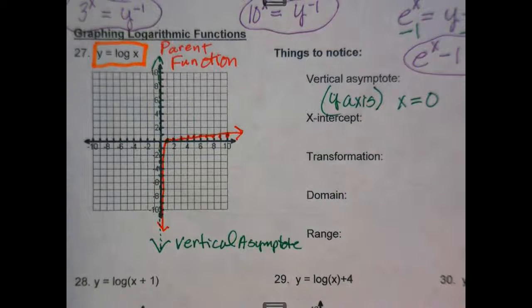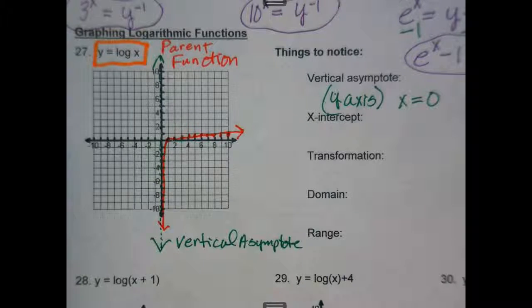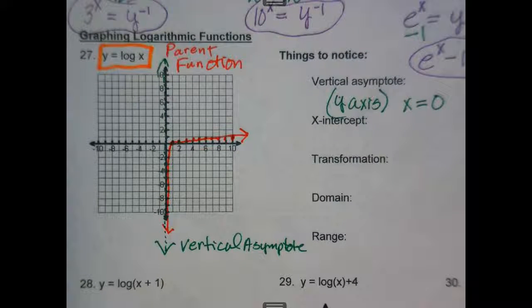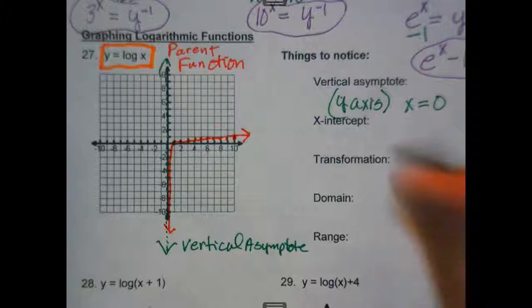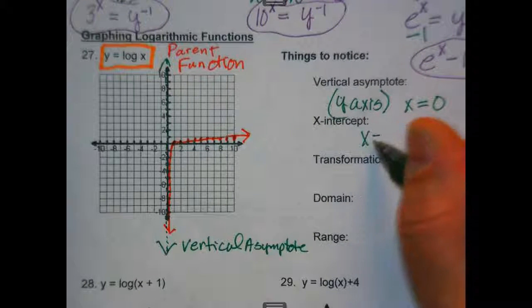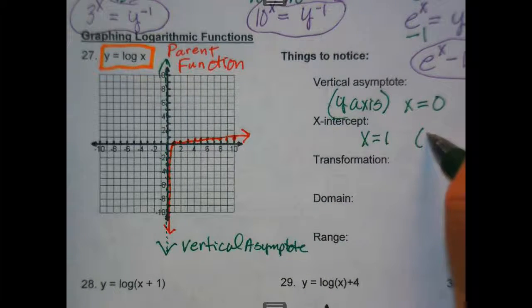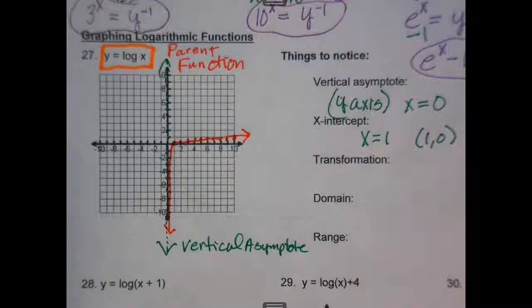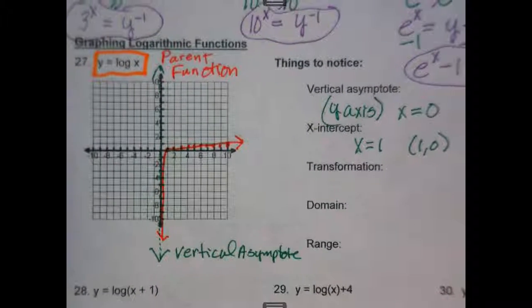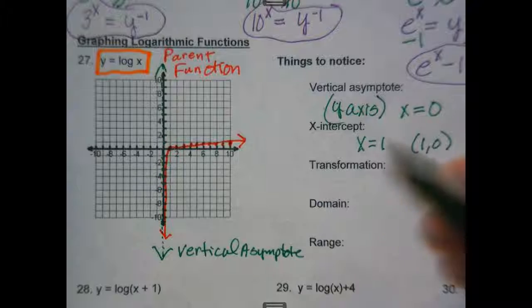Vertical line when x equals 0. Okay, what's our x-intercept? Where does it cross our x-axis? 1, 0, right? So either x equals 1, or you can actually put 1, 0. I don't care. Transformations on this graph, well, it's the parent function, so there is none.